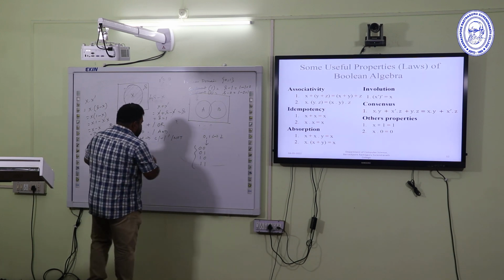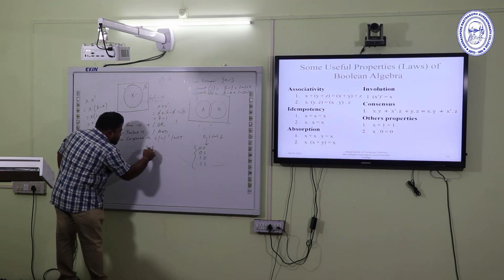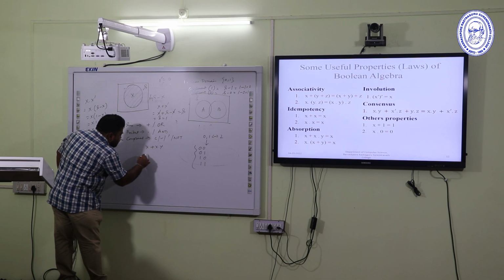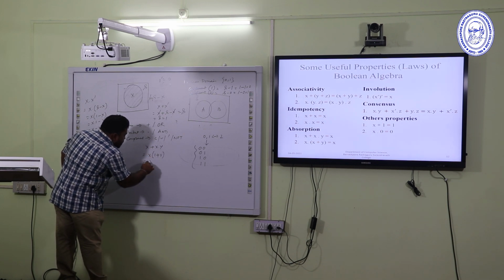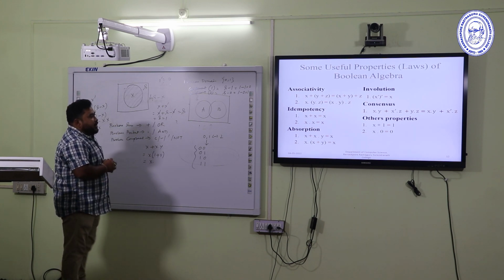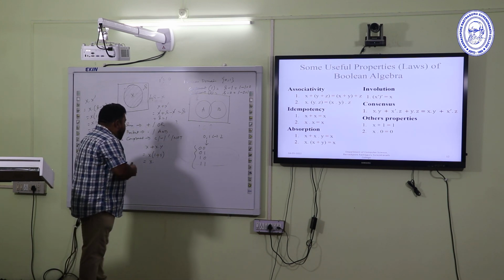This means if we take X common, we get X dot (1 plus Y), and 1 plus Y means 1.